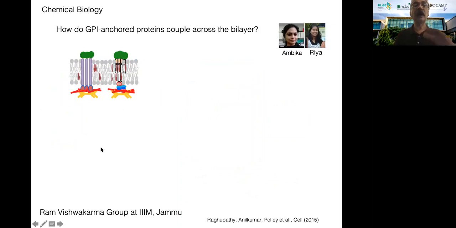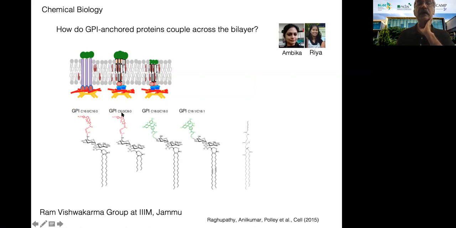So to ask how GPI anchored proteins cluster in the inner leaflet, we did a bit of chemical biology with Ram Vishwakarma and found that you could take GPI anchors with different anchor lengths, from long to short, saturated to unsaturated, to just lipid with long saturated tails.